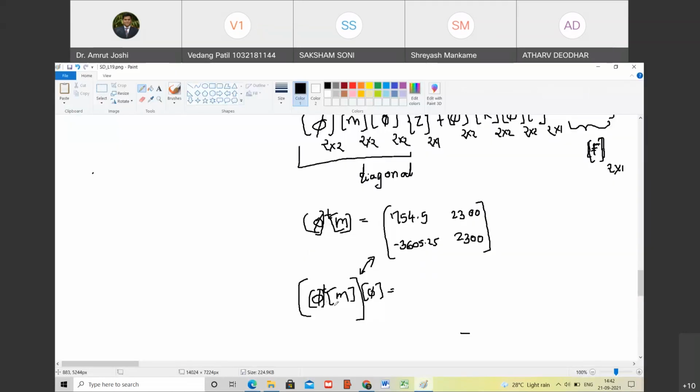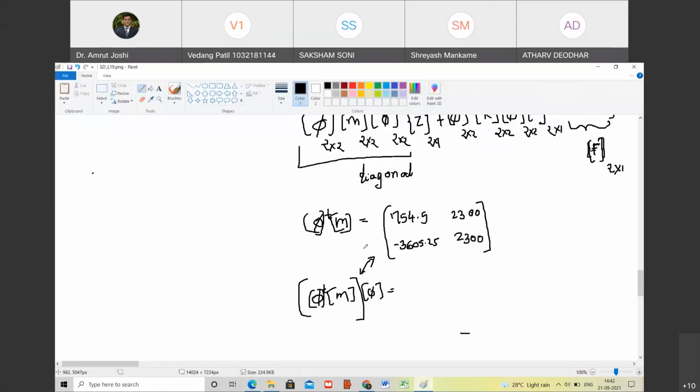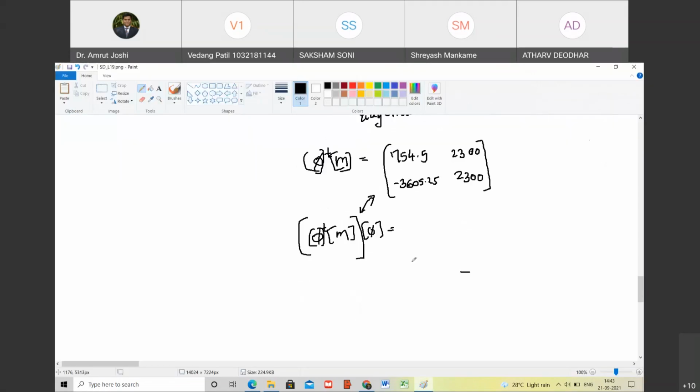First matrix is phi transpose M matrix: 1754.5, then you have 2300, then this is also 2300, and this is minus 3605.25. Then you have phi matrix.